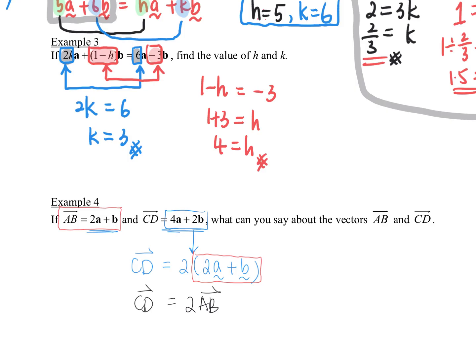When you can prove that it is proportional to it, then you can conclude. Since CD is twice of AB, therefore CD is parallel to AB. That's all. What you can say about it is that they are parallel.